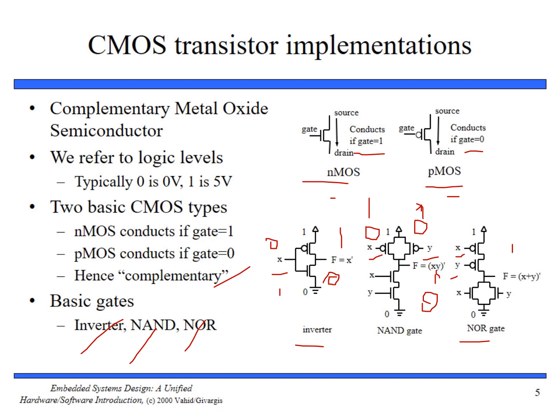In all the remaining conditions, if either X is 1 or Y is 1, the output will be 0, because this will start conducting and everything goes down to ground.